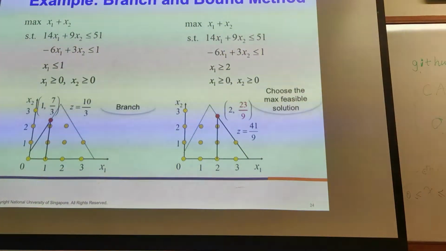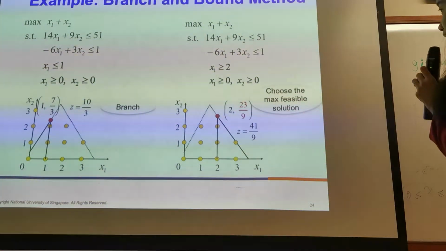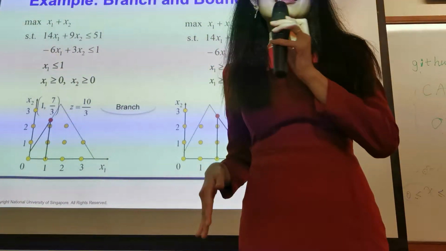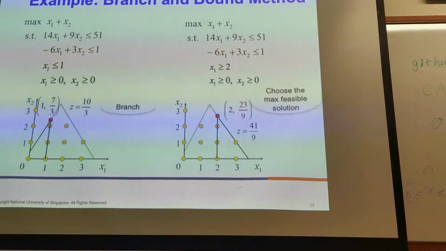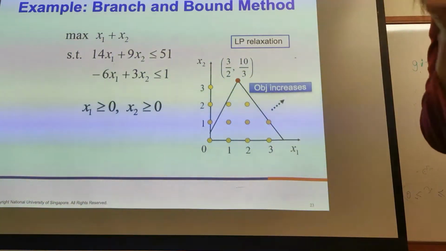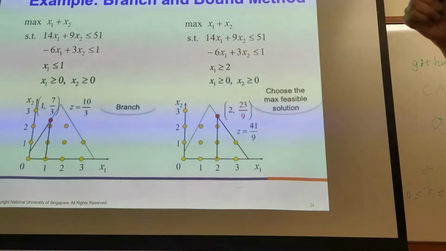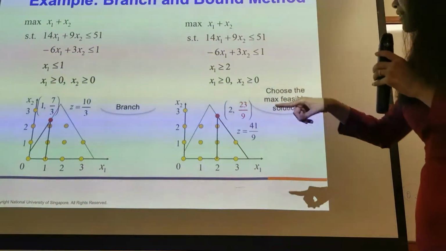And next, I start from my upper bound to continue to do my branching to build up the tree. Instead of the non-negative constraint, because the first one I got x1 equals 1.5, I then divide into branches: one with x1 smaller than or equal to 1, and the other with x1 larger than or equal to 2.